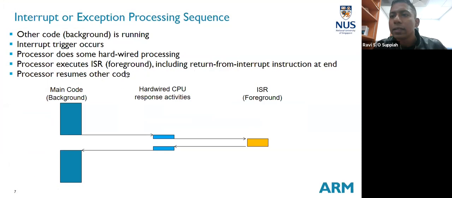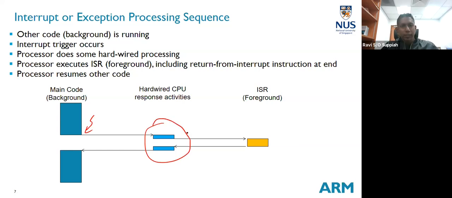Here is what I was mentioning just now, where your main code runs and some event happens. When the event happens, the CPU does some activities which are, in a sense, transparent, because those are handled by the CPU itself. Then you go to the ISR. What we are focusing on is how to capture this event correctly, making sure the correct registers are configured.